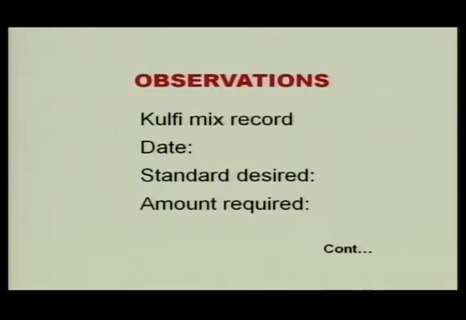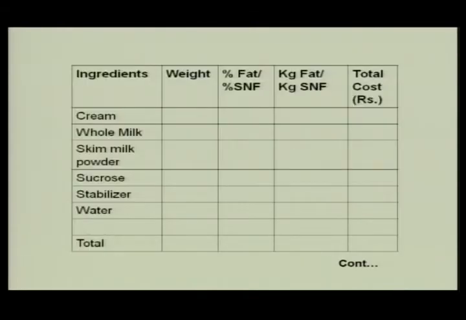Now what are the observations? Same as for Softy, we take the Kulfi mix record. First is what is the standard desired, that is what fat, what SNF, what sugar percentage you want to keep. Then the amount desired, and that way we can calculate the cream, whole milk, skim milk powder, sucrose, stabilizer, water and total.